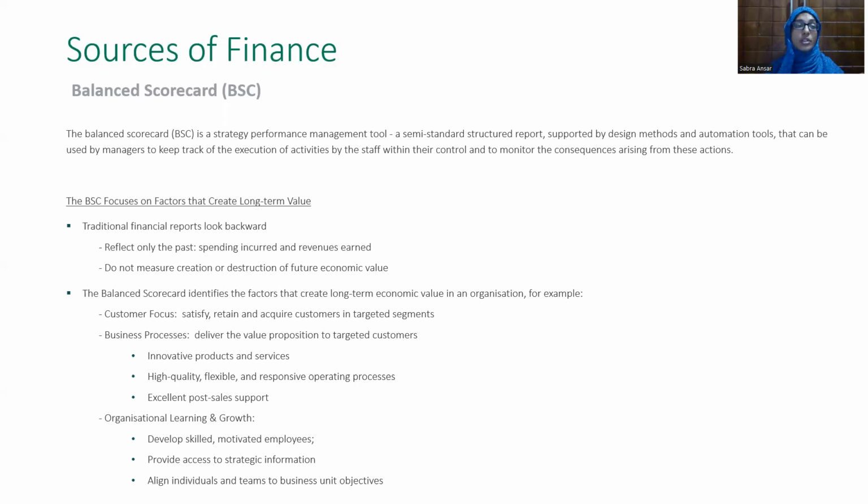So moving on, the BSC focuses on factors that create long-term value that we need to understand.